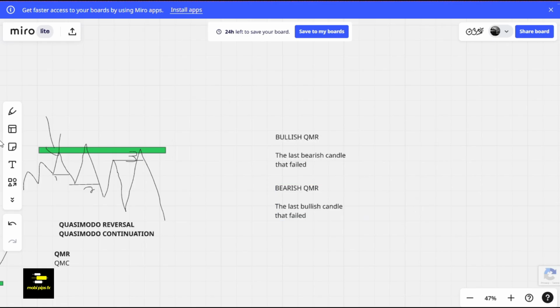Meaning for the bullish QMR you have this break of structure, and over here there will be a bearish candle. That bearish candle failed to give us this. So the one that got swept, our sweep of liquidity, that candle will be here.